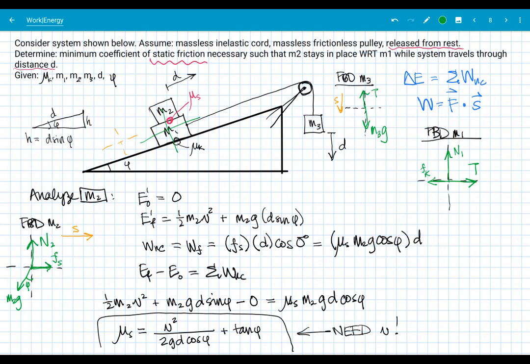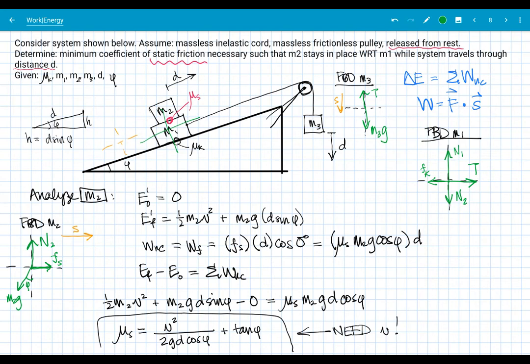Again, that's a surface contact. Surfaces can do two things: normal forces and frictional forces. So there is going to be a normal force here that's normal to the surface. I'll call this N1,2. Oh no, actually I called it N2 on the M2 diagram, so I'm going to stick with the same notation.